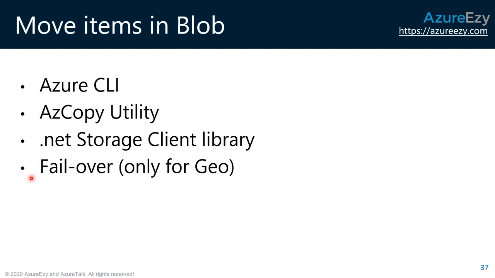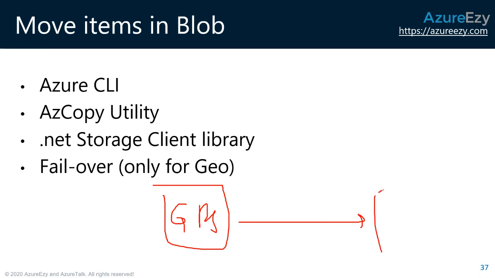And this is the failover option, which is not like copying something, but you can utilize it to move not the items, but the entire storage account to a different region. If you remember the redundancy that we were talking about, let's suppose this is your storage account and you made it GRS, and you have one copy replicating asynchronously in another region.